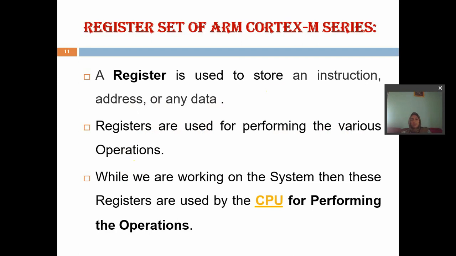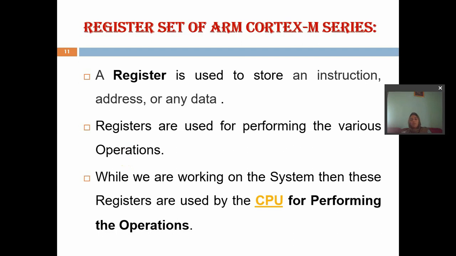Because ARM is a load store architecture, almost all the operations we are using are in terms of registers. So ARM is a load store architecture. We can access memory a very small number of times, so we have very few addressing modes for memory in ARM.